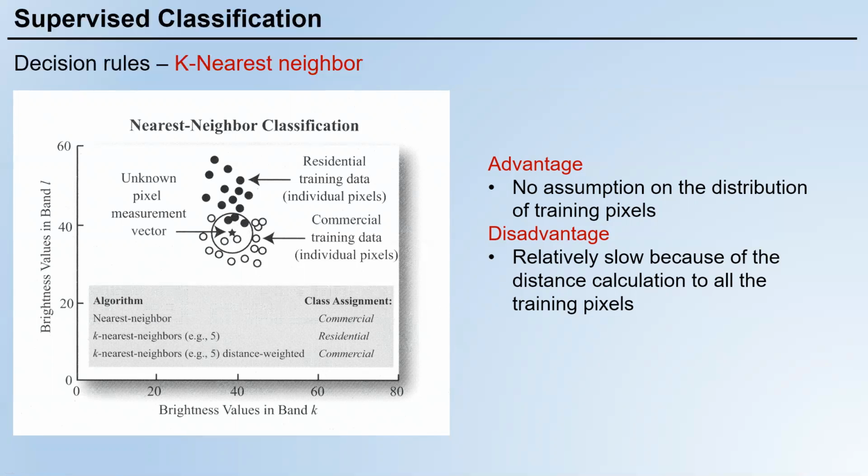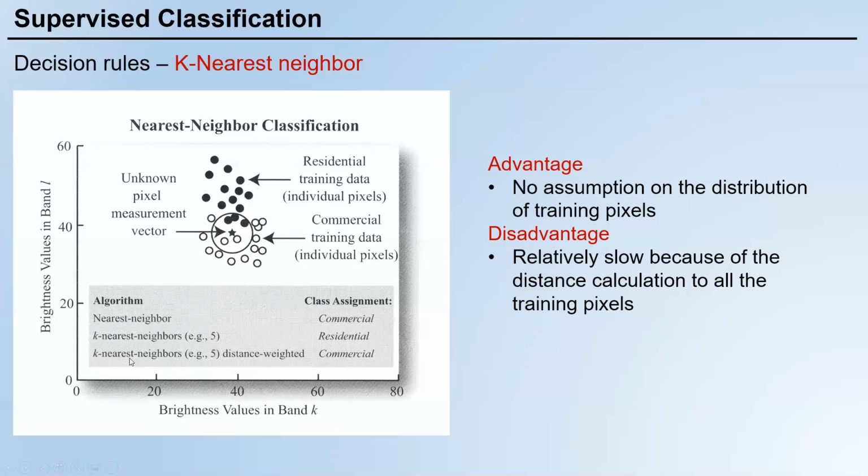You can consider that k equals 1 nearest neighbor. If you use k nearest neighbor, we have 5 pixels and the majority is residential, so this candidate pixel can be assigned as a residential pixel.